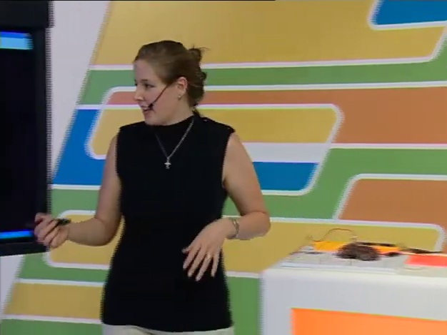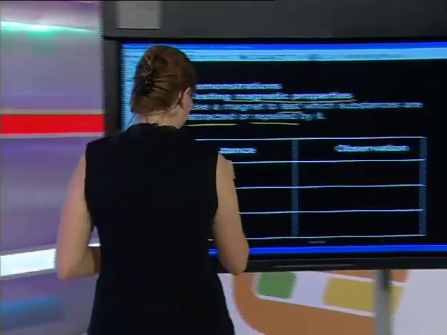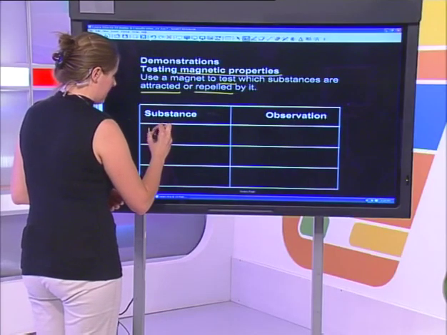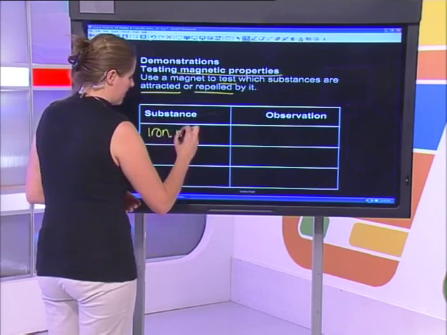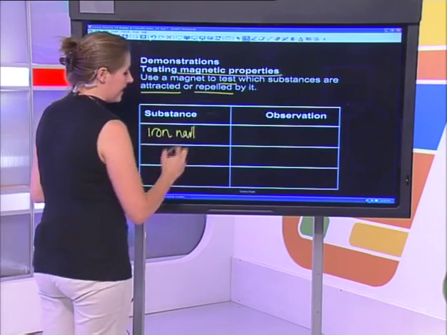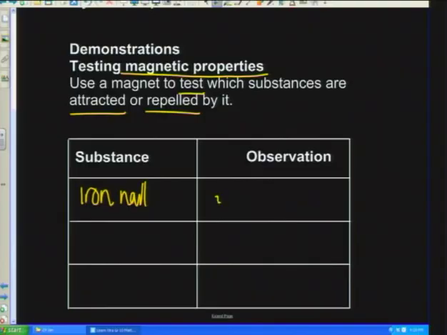So the iron nail I'll write down first, and I'm just going to write yes, it was attracted.